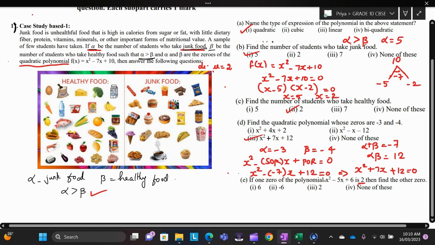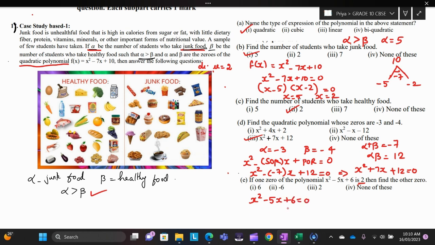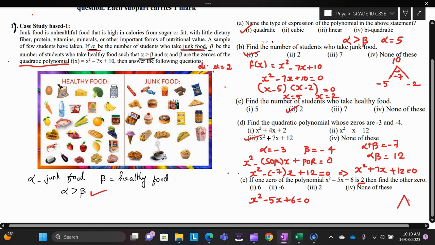Question number E. If one zero of a polynomial is given as 2, then find the other zero. So, in order to find the zeros of a polynomial, I have to equate that polynomial to 0 and find the factors of this polynomial. So, I'm going to take the constant on top and the middle term minus 5 in the middle. I have to choose two numbers which give my product as 6 and sum as minus 5.